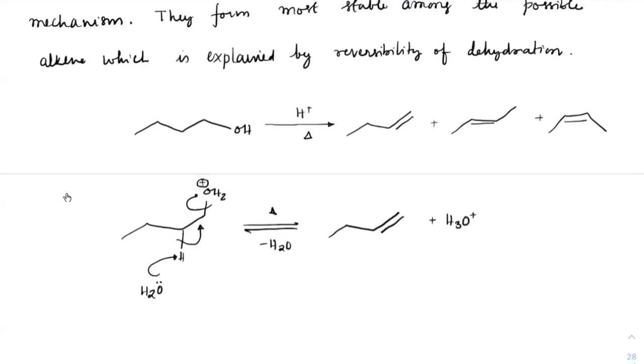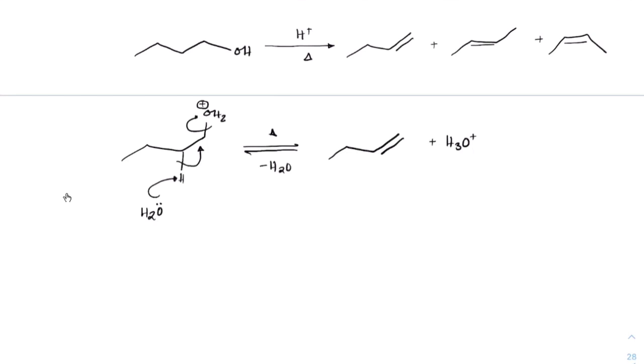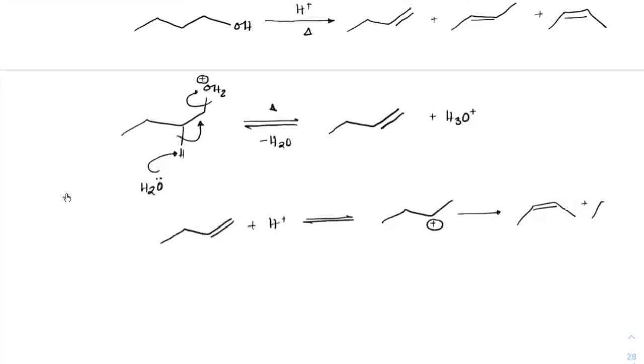This remains. Now, where is the reversibility coming? You can see this pi bond which is formed here, that would react once again with H plus, and forms a carbocation here, and then gives this double bond formation and double bond formation this way.